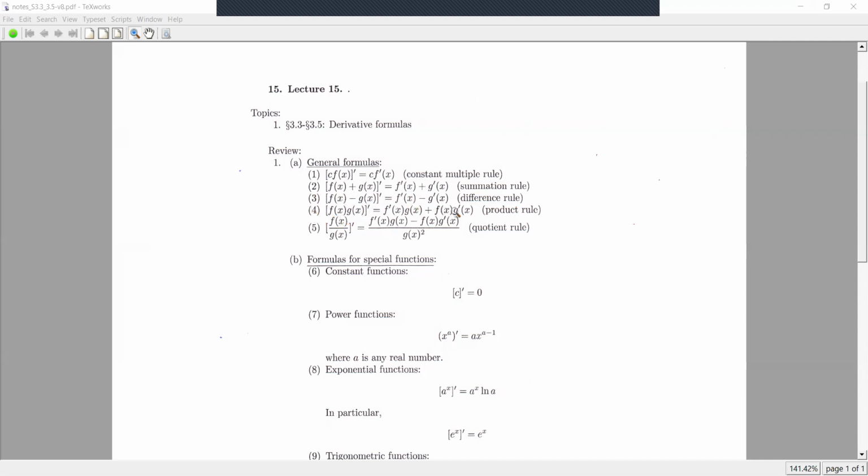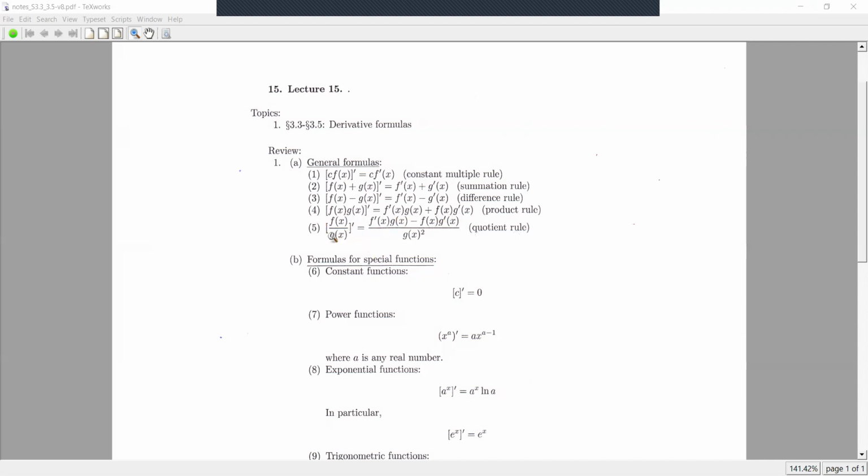Number 4, product rule. Derivative of a product is the derivative of the first function times the second function plus the first function times the derivative of the second function. Number 5, quotient rule.